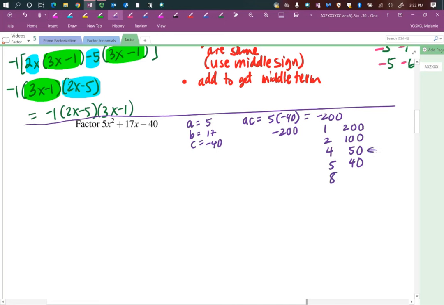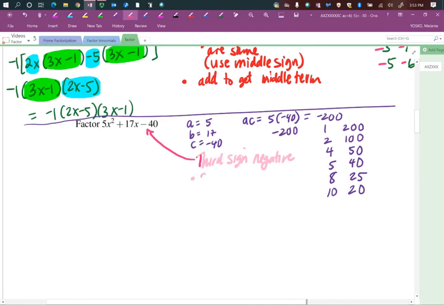That means we have to take this and multiply by 1/2 or divide by 2. 25. 9 is not a factor because 3 wasn't a factor. 10 and 20. 11 is not a factor. 12 is not a factor because 3 is not a factor. 13 is not a factor. 14 is not a factor because 7 is not a factor. 15 is not a factor because 3 is not a factor. 16 is not a factor because we would have to double 8 and then divide 25 by 2, and you can't do that. 17 is not a factor. 18 is not a factor because 9 is not a factor. 19 is not a factor, so we have everything.